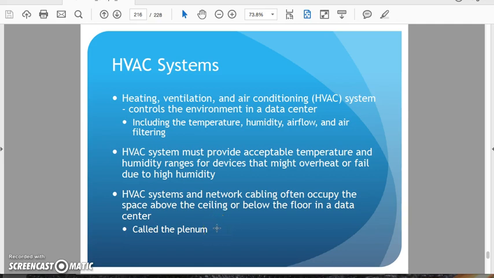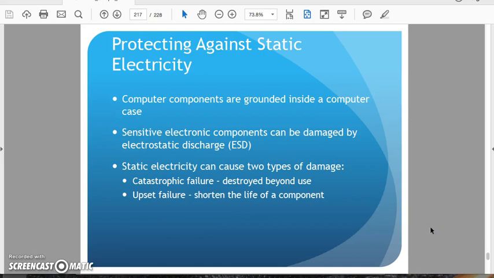We'll mention this when we talk about our cabling in a later chapter. Anytime I'm running cabling through an area that's a plenum, that cabling should be plenum rated, meaning the insulation on the outside is such that if it does catch on fire, the levels of toxins coming off there are very low, so that it would not cause people to asphyxiate just from the fumes. So yeah, dealing with HVAC systems, you're also going to deal with plenums, and those are the air spaces typically above ceiling tiles and so forth in a building.